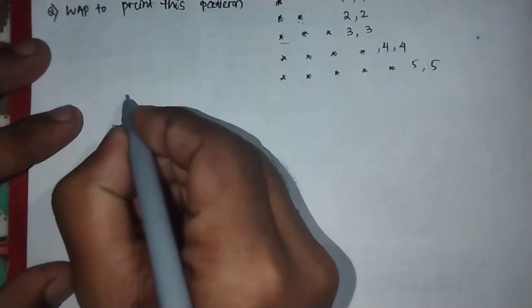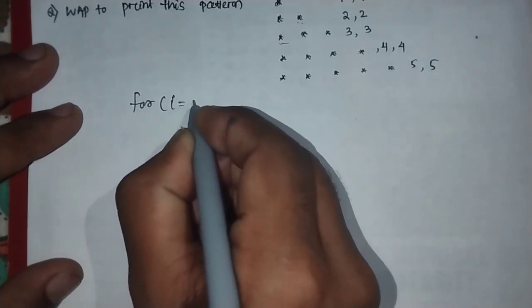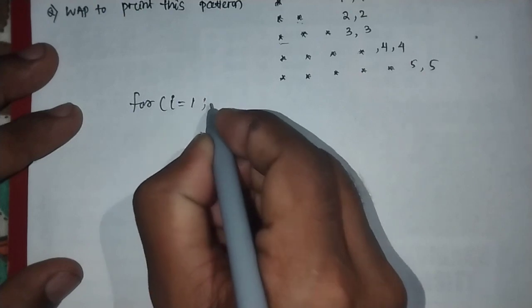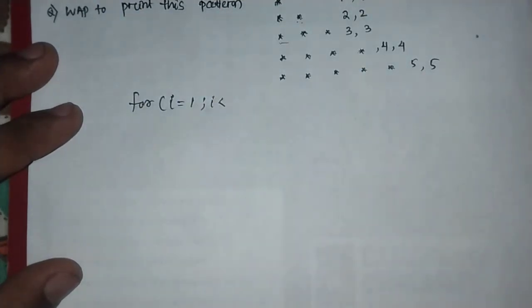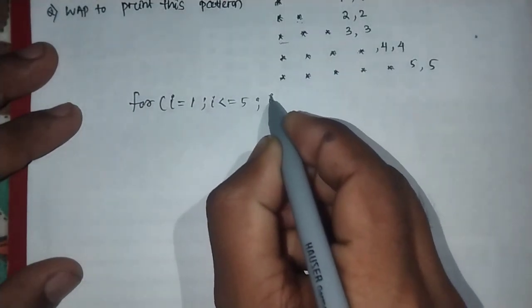Let me write the code first. The outer loop will start from 1 and it will terminate at the number of rows. Here the number of rows is 5. So now i++.